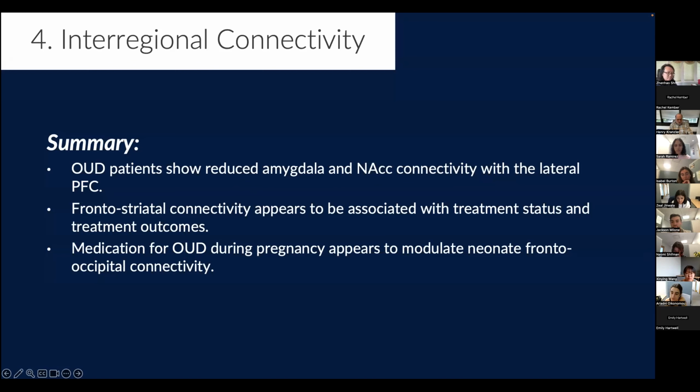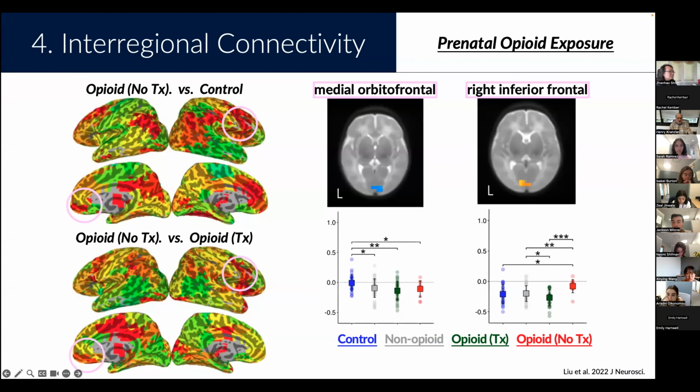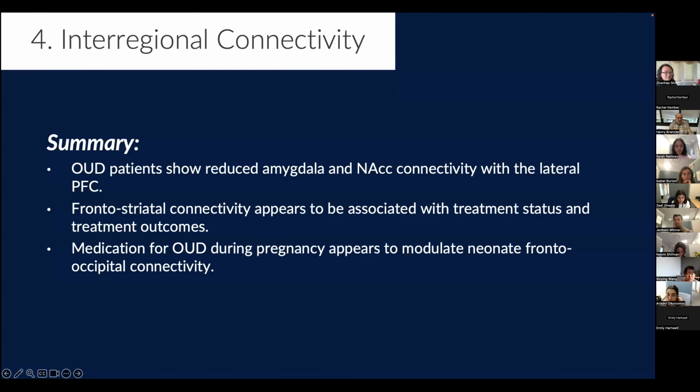Can we discuss the clinical relevance of the first bullet, for example? Yeah, that's fine. So if OUD patients have reduced connectivity between amygdala and nucleus accumbens with lateral PFC.